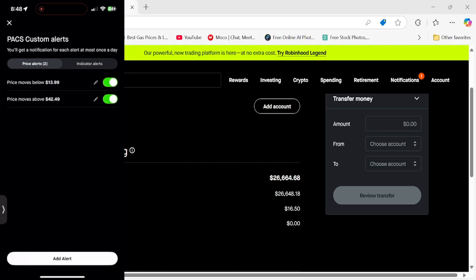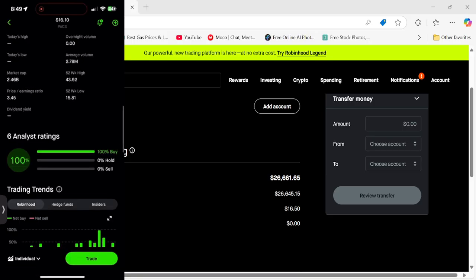So I would want a notification that lets me know $1.50 before it hits the high. That way I can sell off. I would also set a notification on the low. Let me know if this stock ever hits $13.99, and that's basically $1.90 cheaper than it previously was in the last 365 days.